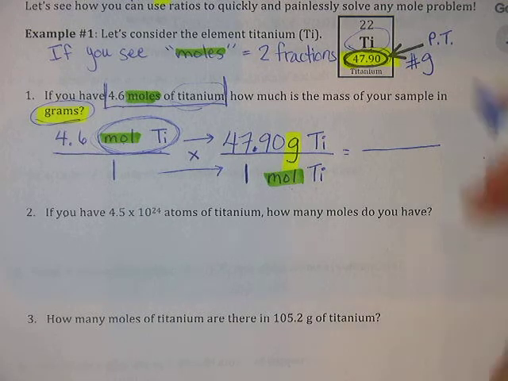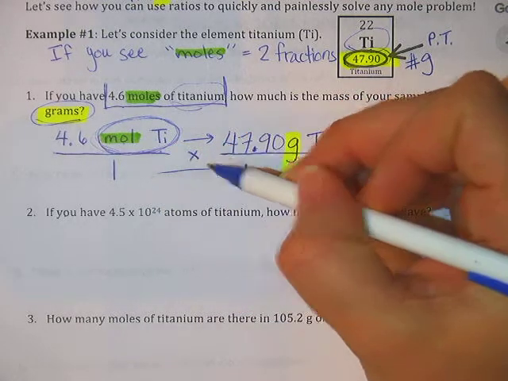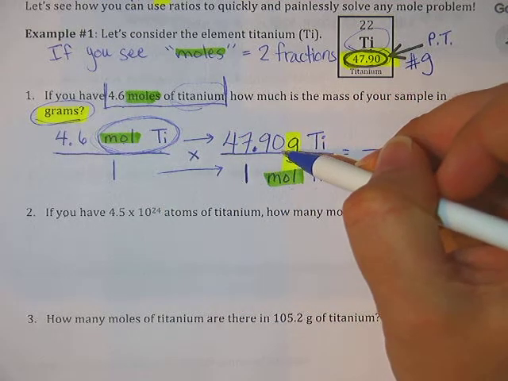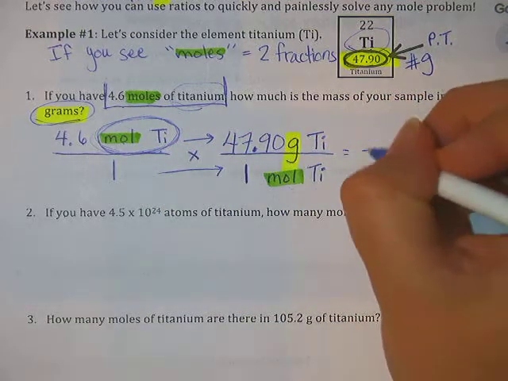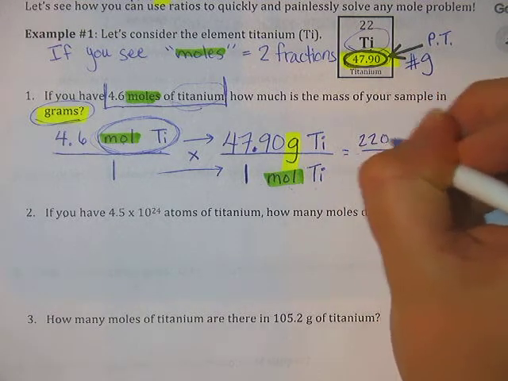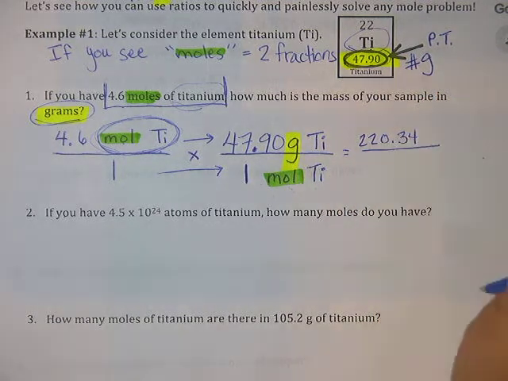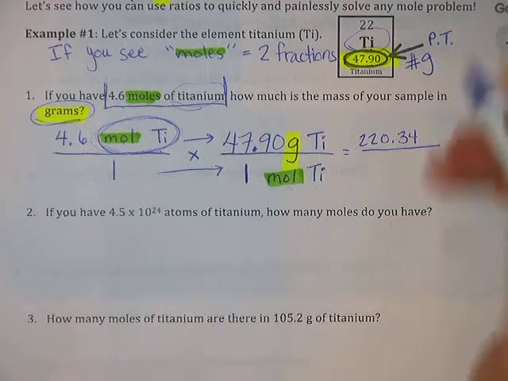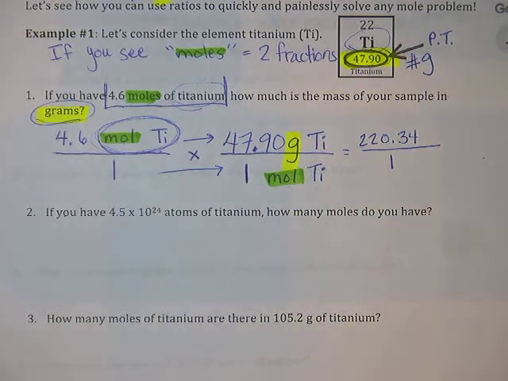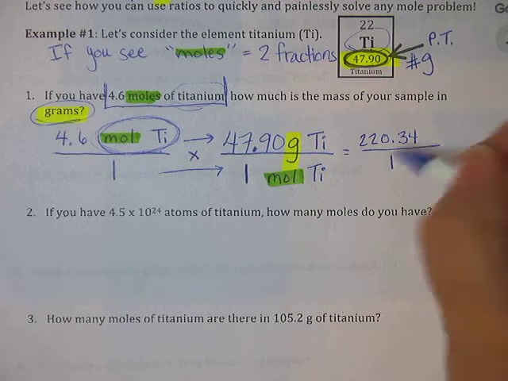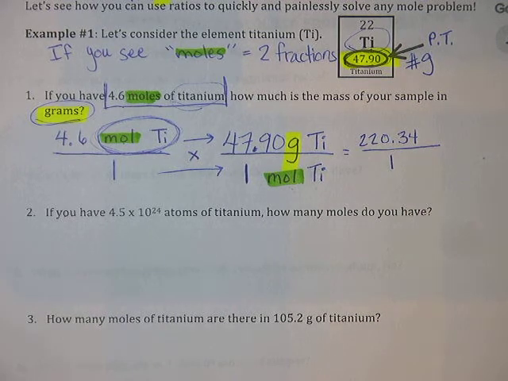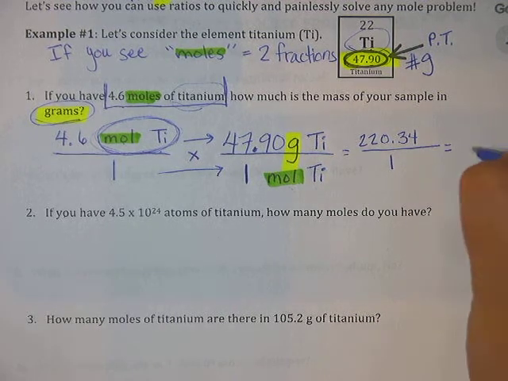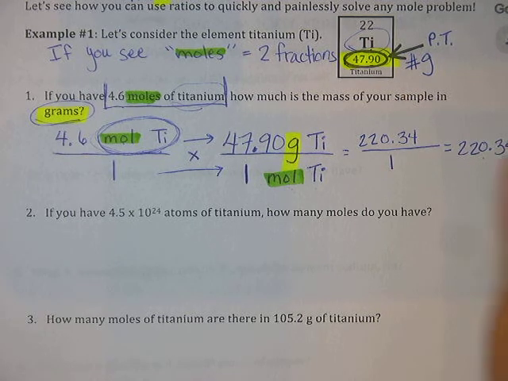Stick it in your calculator. 4.6 times 47.90. You get 220.34 on top. On the bottom we have 1 times 1. Well, that's 1. And then when we divide, 220.34 divided by 1, well, anything divided by 1 is itself. So we're left with 220.34.